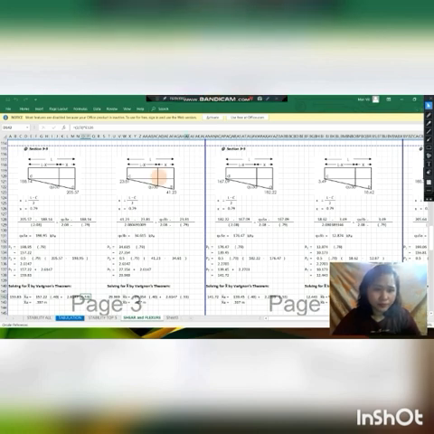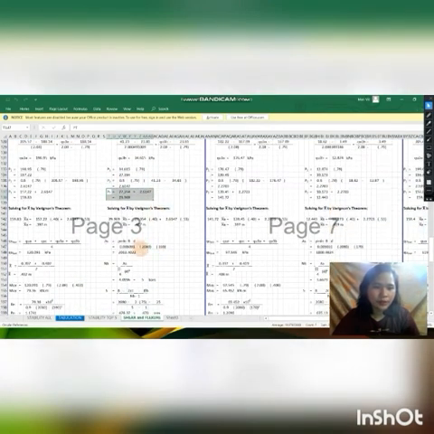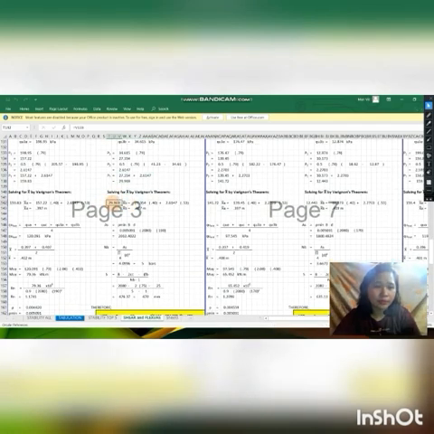Next is, for the second part, Q3P, we have here our area 1, our area 2, and our P total. Then, solving for X bar by Varignon's theorem, we have the area total times X bar is equal to the area 1 times its X plus area 2 times its X. So, the answer for our X bar B is 0.407 meters.